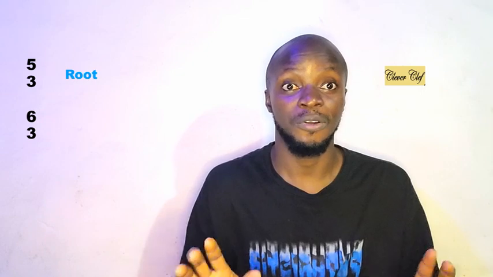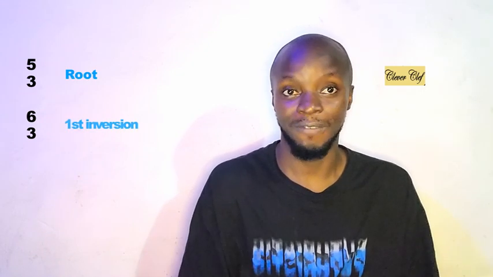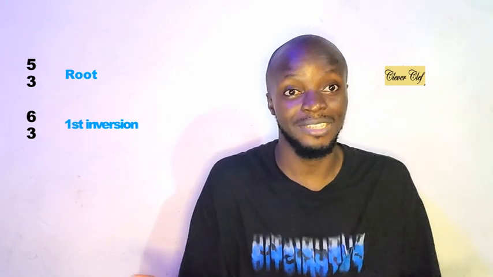Okay, so in the last class, talking about how to represent the basic chords, we said that when you see 5-3, that is 5 up and 3 down, then it means the chord is in root position. And when you see 6-3, it shows that the chord is a first inversion chord, or simply 6.